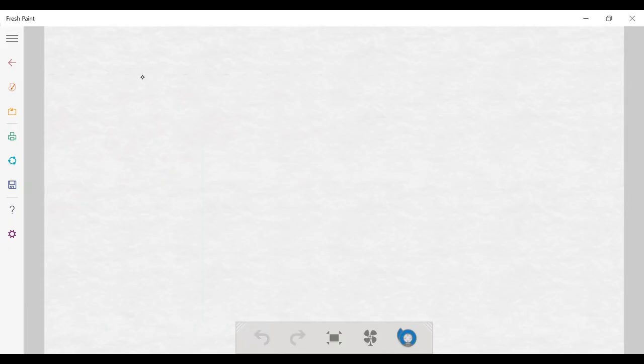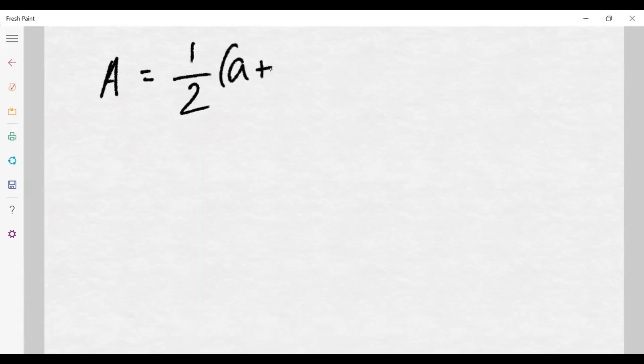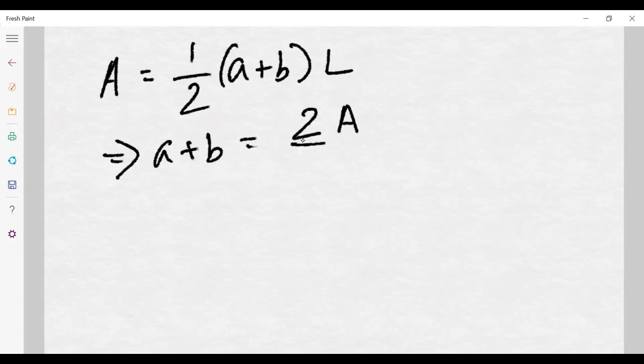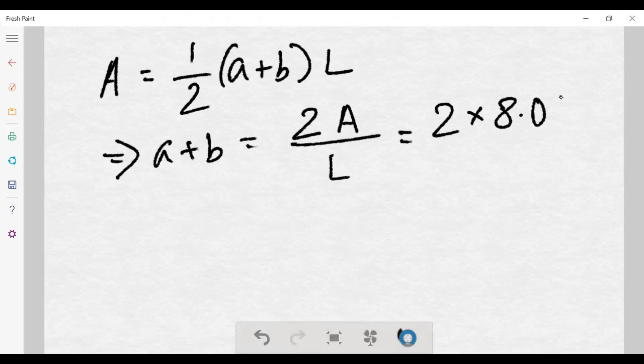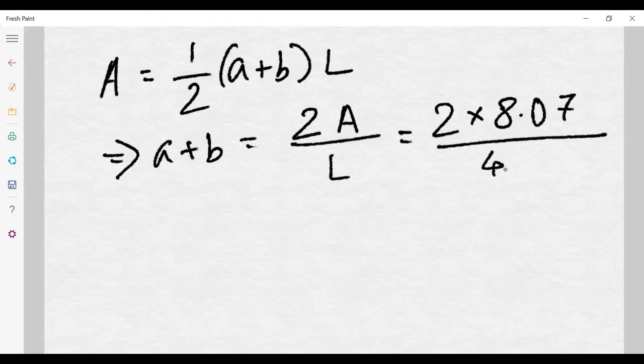Let me do a few steps. Area is equal to half into A plus B into L. This implies A plus B is equal to twice the area by L, which is 2 into 8.07 divided by 4.175.